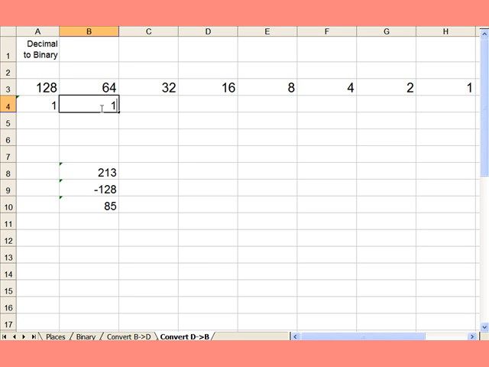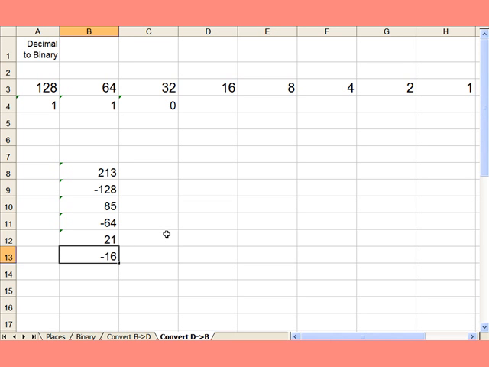Let's put a 1 there and take out the 64. 85 minus 64, a 1 there and a 2 there. So we've got 21 to represent here. There are no 32s. There is a 16. Let's subtract the 16. I did that again, didn't I?